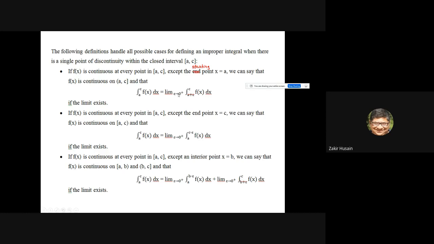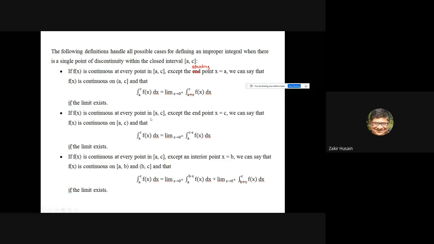So we can write the limit as epsilon tends to 0, approaching 0 from the right side, and the integral is from A plus epsilon. But this limit again has to exist.